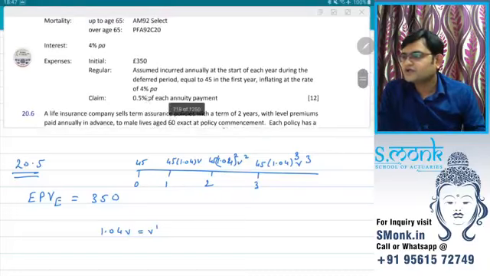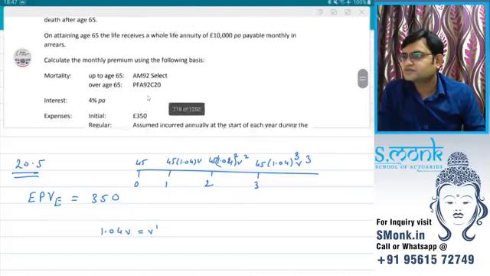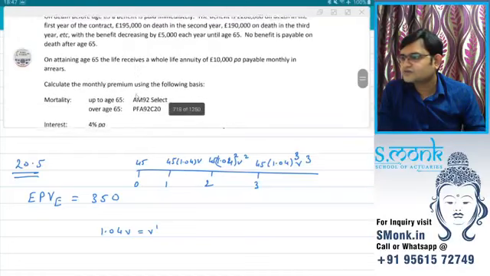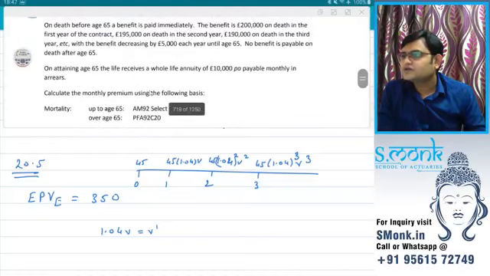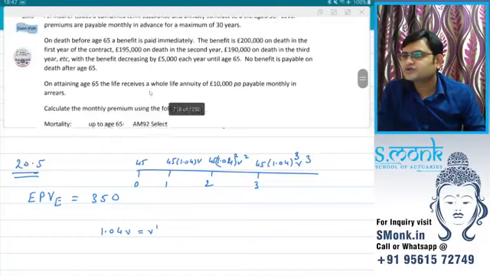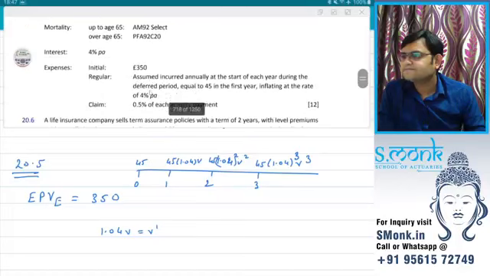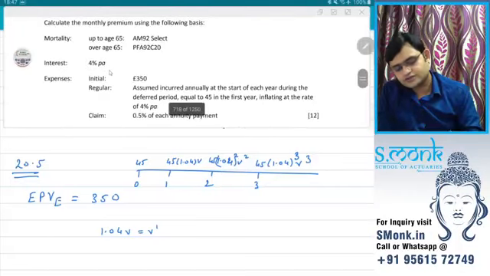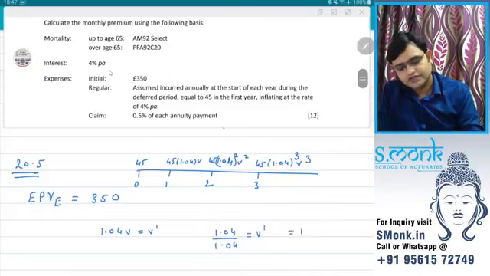What is our rate of interest? Where did they mention the rate of interest? Interest rate is 4%. Here they have mentioned it, right? So what do we get here? We get 1.04 by 1.04 as our v dash, so v dash is equal to 1.